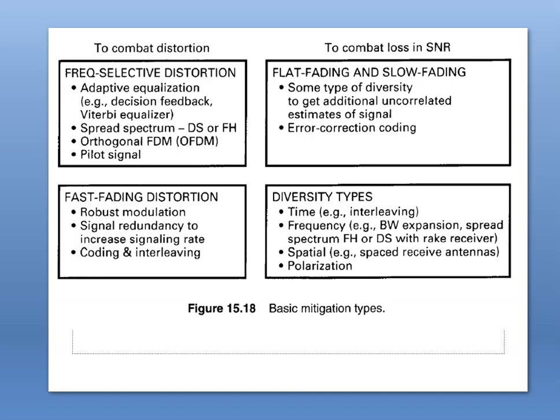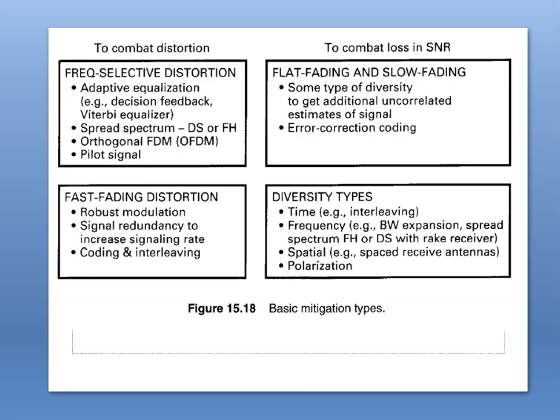And to combat loss in SNR, in order to avoid flat fading and slow fading, we are supposed to use some type of diversity to get additional uncorrelated estimates of signals. And the second one is error correction codes. By using these two steps, we eliminate flat fading and slow fading in the channel.